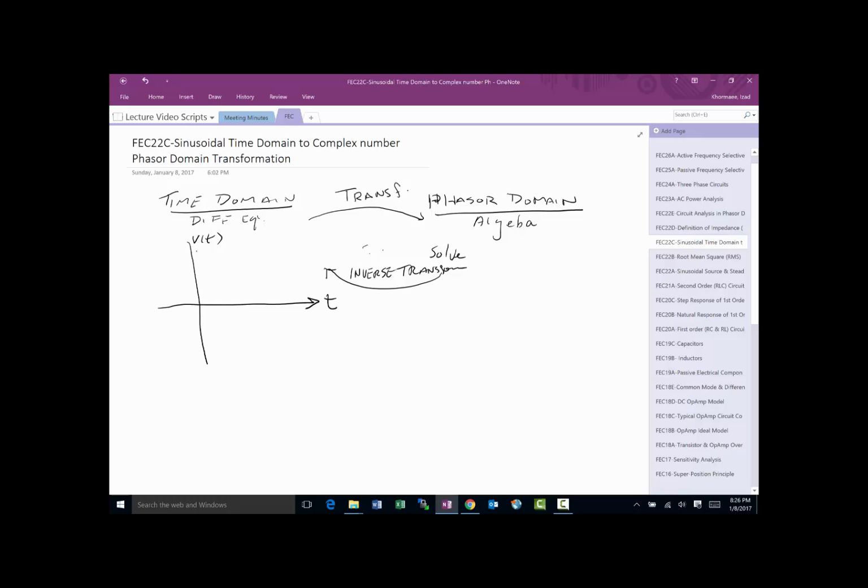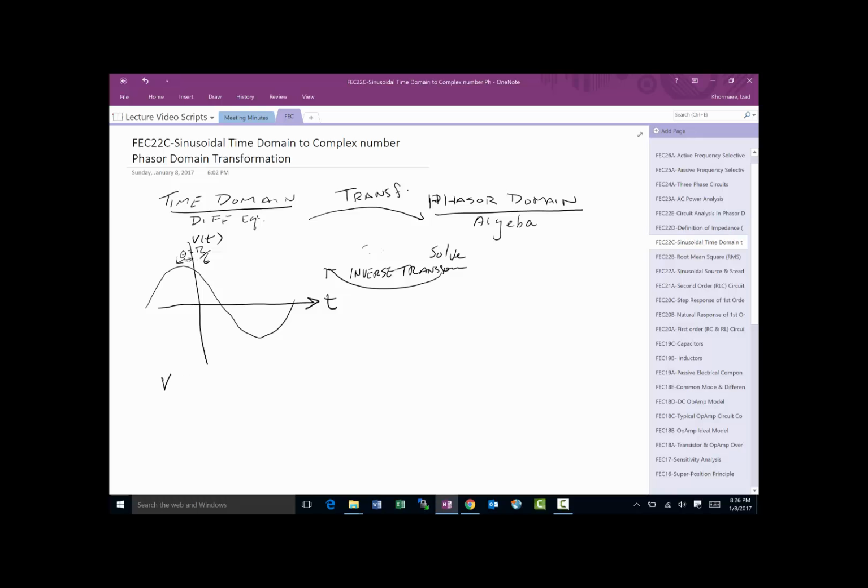And let's say we have a sinusoidal signal that is drawn for us, and it maybe looks something like this. It's got a certain amount of phase shift here. That is theta, let's say theta is pi over 6.